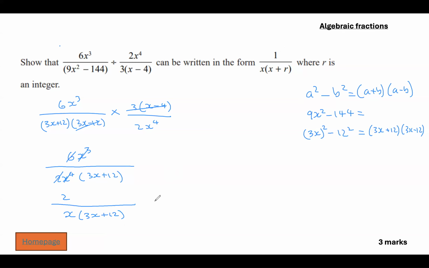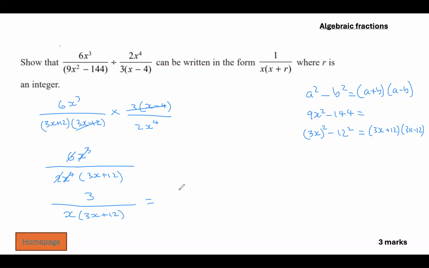So let's just see where we may have gone wrong. Oh, sorry, it's not 2, it's 3. Now I know where we've gone wrong. 6 and 2 are both divisible by 2, but 6 divided by 2 is 3. So we've got 3 over here. That's where we've gone wrong.